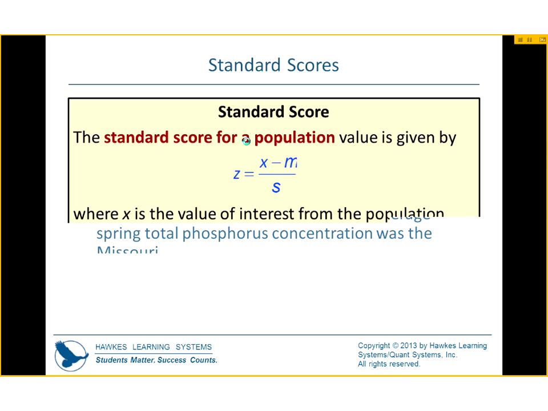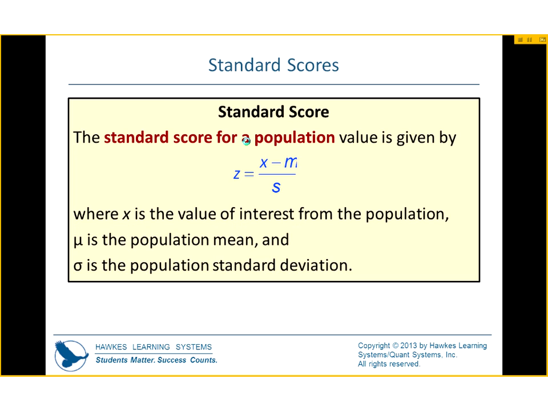Quickly, standard score. When we were looking at the empirical rule, I talked about this too. So you have two different formulas. Standard score for a population is given by Z equals X, the data value, minus the mean, over the standard deviation.